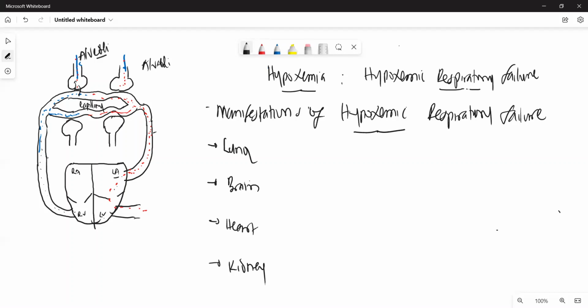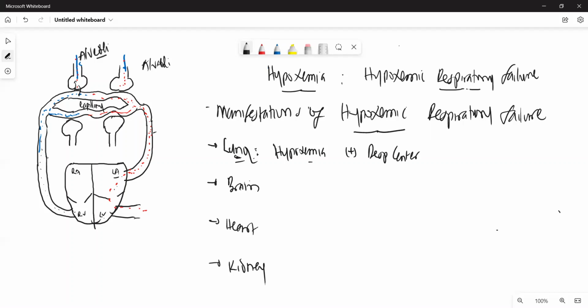So let's start with the lungs. As we're going to learn in subsequent videos from physiology, anytime there is hypoxemia, this hypoxemia can activate your respiratory center.